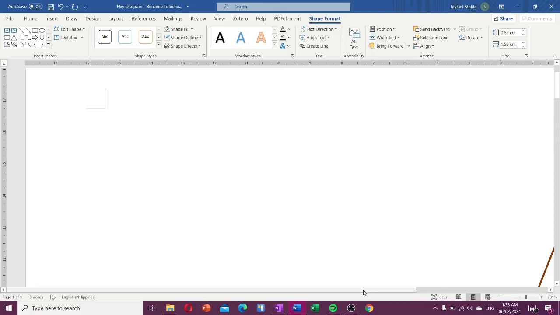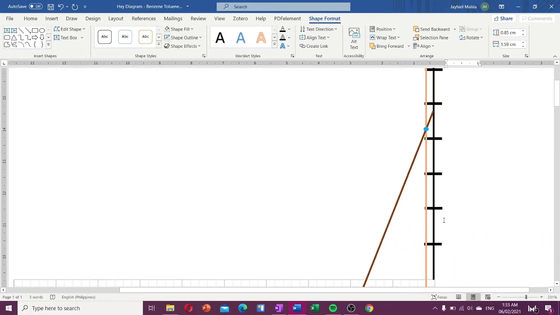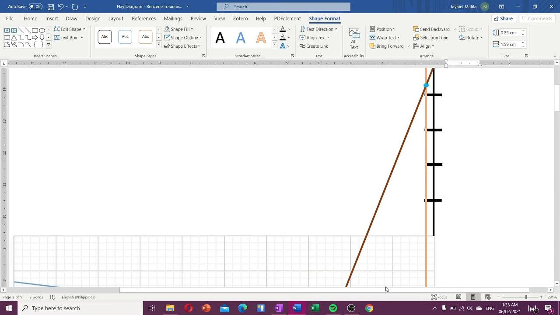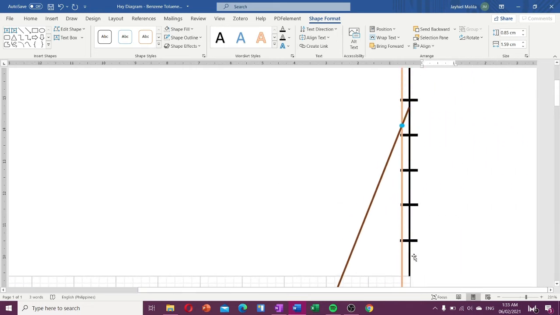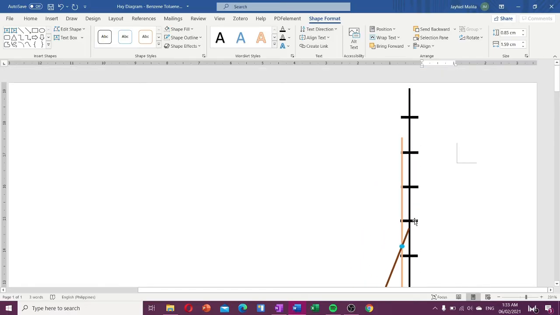If we have 75,500, remember this is 45, so 50, 55, 60, 65, and then 70, and then 75. It's 75,000 something here. This is 80, so we can just place it here.